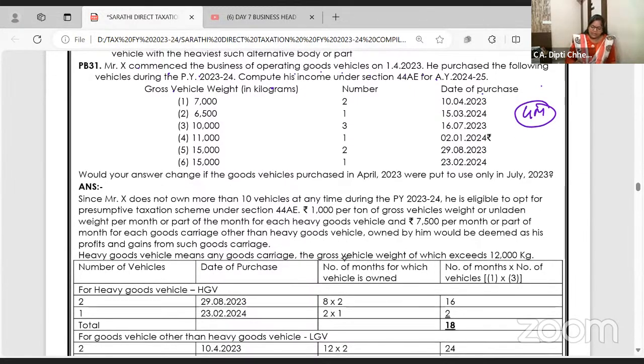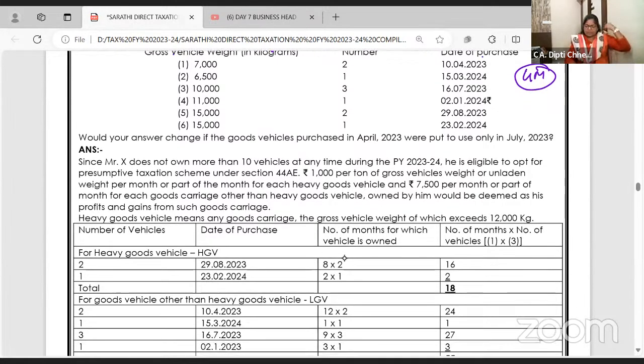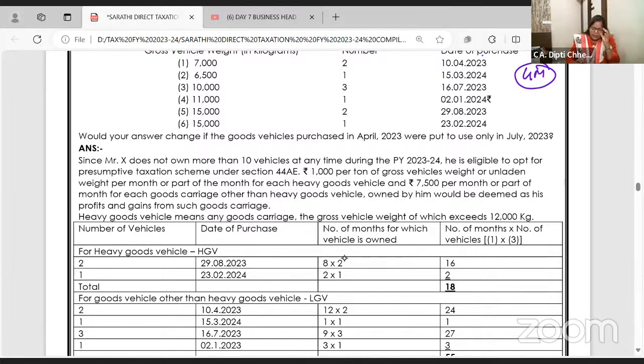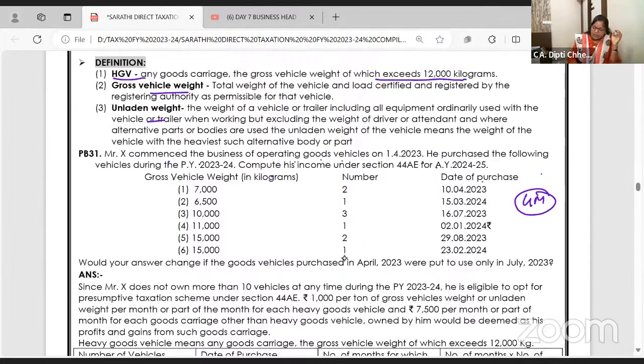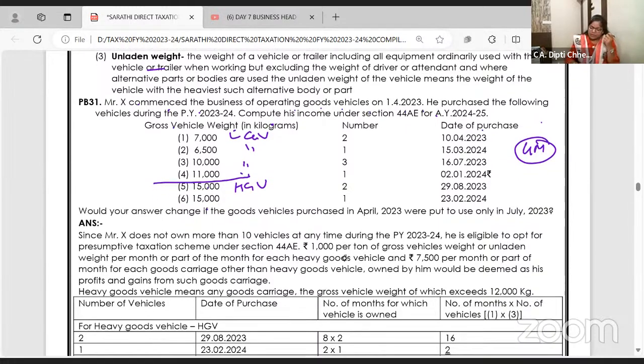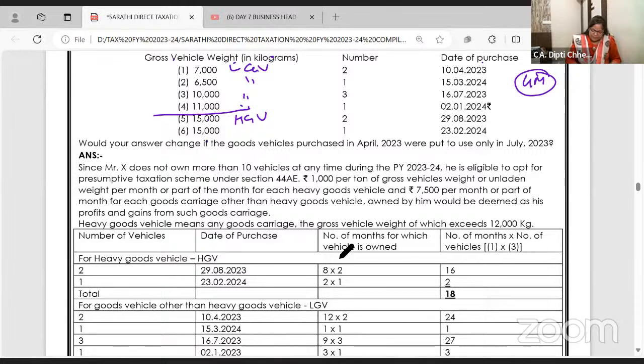Okay, right. So gross vehicle weight. If the vehicle's weight is above 12,000, so these are which goods vehicle? Heavy goods. और इनका weight कितना है? Below 12,000, so this will become light goods vehicle. तो पहले light goods ले लेते हैं.